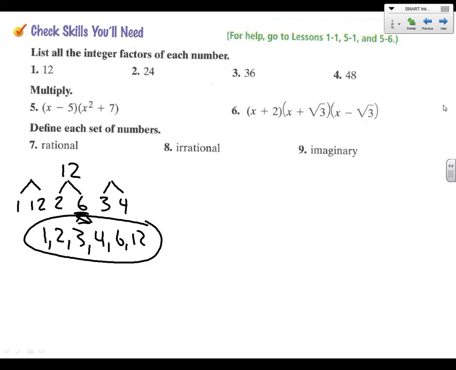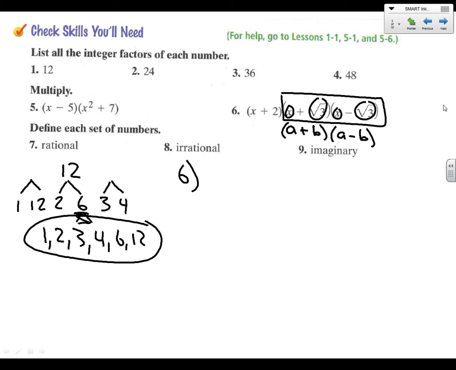We're going to FOIL all these together on 6. And when you have the square roots here, I'm going to FOIL these two together first. Because if you'll notice, this is a plus b and a minus b. It's the exact same things. X with x, root 3 with root 3 with a plus and a minus. So that works out. We'll leave the x plus 2 out front.